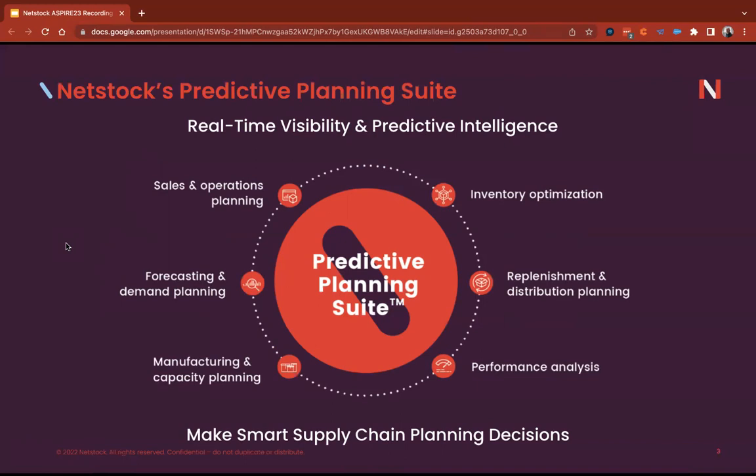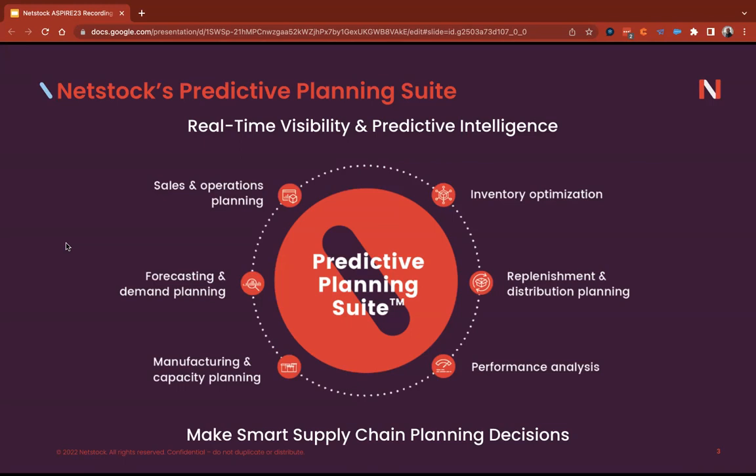From sales and operations planning that I've mentioned, forecast and demand planning, even manufacturing capacity planning for manufacturers. So we're really strong in manufacturing, replenishment and distribution planning for distributors, and sometimes a combination of those two, get real benefits out of this application.